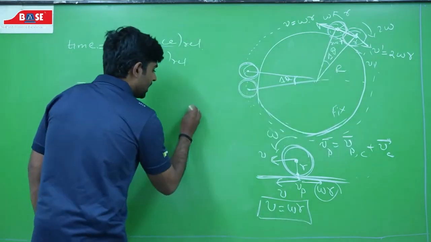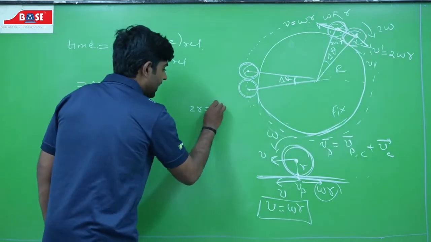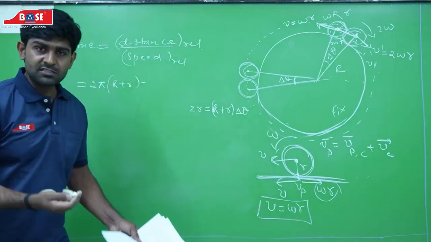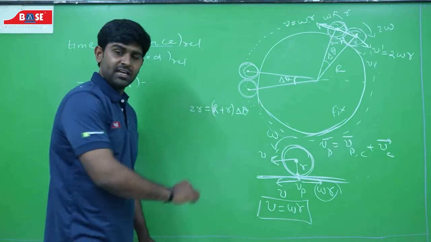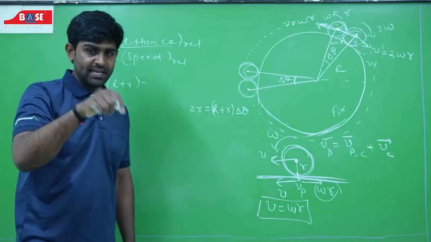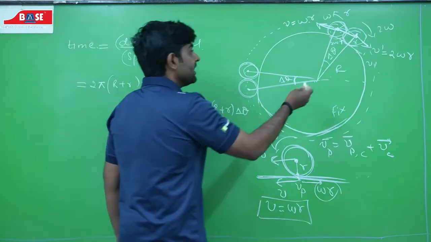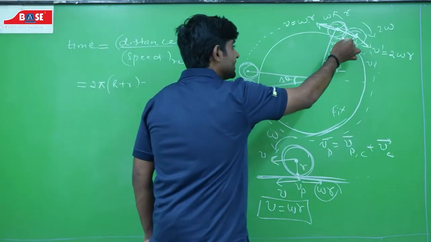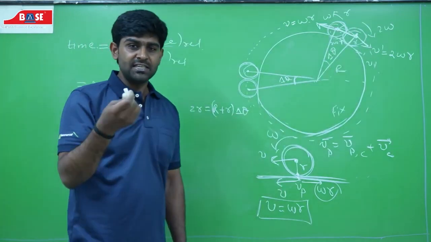So we can write arc length equals r plus r times delta theta. This relation you probably know: arc length is equal to radius into the plane angle. And in our formula it is a curved line, right? But here you can treat the curved line or straight line as almost the same because delta theta is small, right?